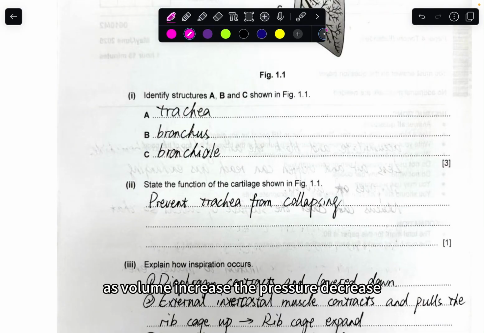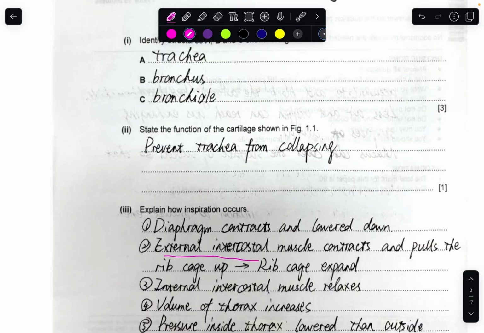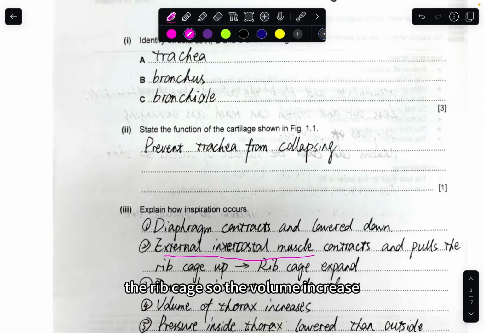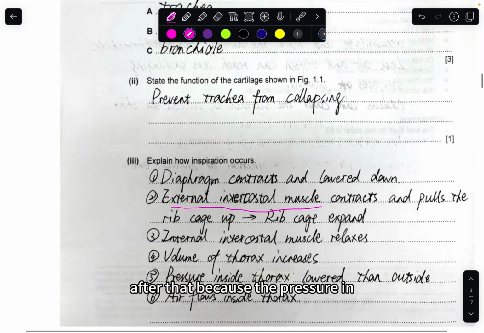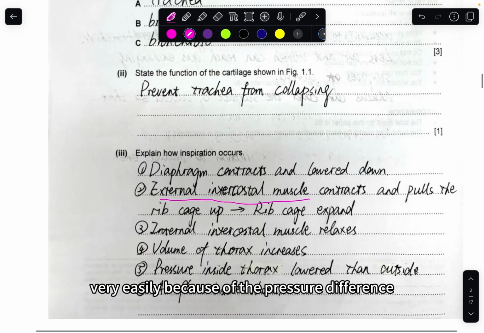As volume increases, the pressure decreases. And there is another muscle, the external intercostal muscle, that also contracts, but the internal intercostal muscle relaxes. The external intercostal muscle contracts and raises the rib cage, so the volume increases, and because the pressure decreases inside the lungs, the air can enter the thorax very easily because of the pressure difference.